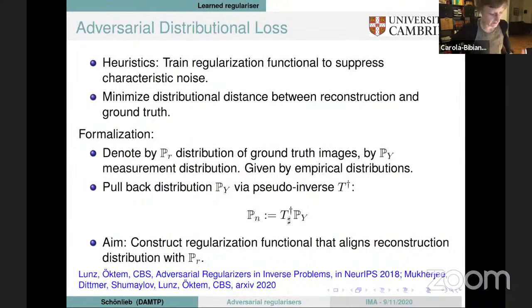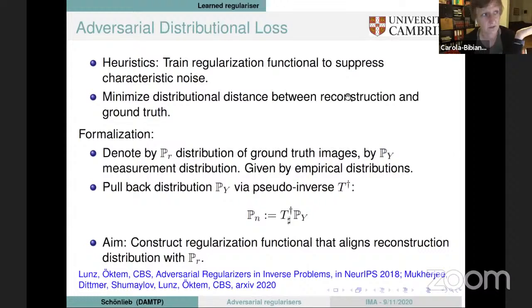So what we thought we could do is the following. When you think about what a good regularizer is made of, or what a good regularizer should do, then on the one hand, a regularizer should suppress noise that is characteristic for the inverse problem that you're trying to solve.